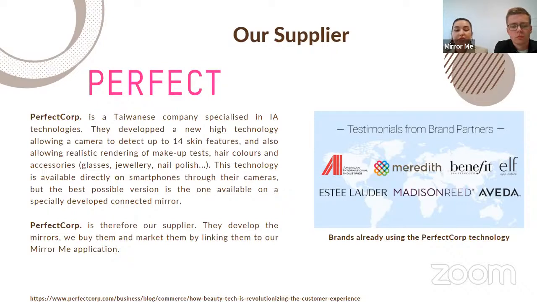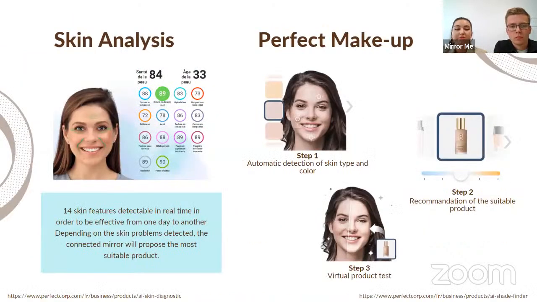It also allows users to have a real projection in terms of makeup, color, or shades. The aim of this partnership is to be able to connect the mirror developed by Perfect Cop with the smartphone application. The mirror is also able to analyze the health of the skin as well as the age, according to marks or wrinkles present.